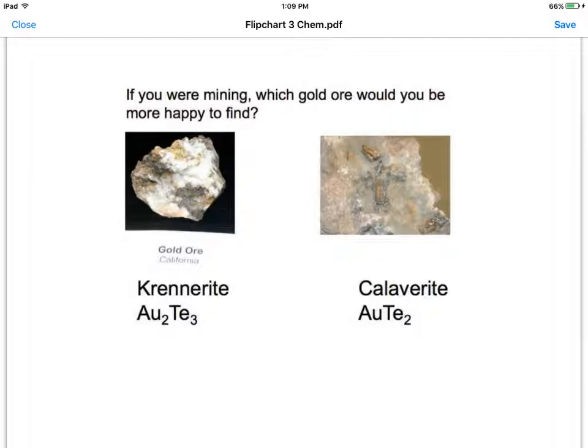All right, we're going to break up into groups of 2. One person can go to California and mine for the krennerite, which is an ore that has a lot of gold in it. And then some of you can travel to Colorado and mine for calaverite.